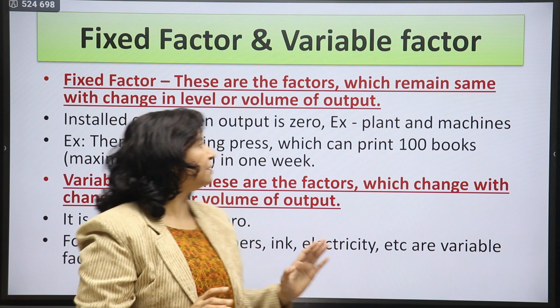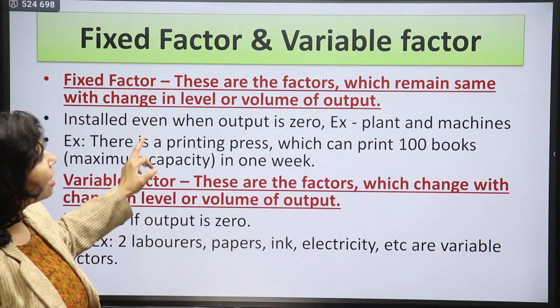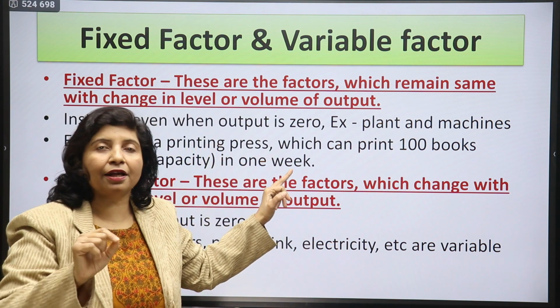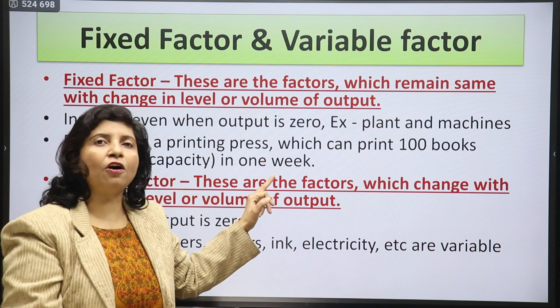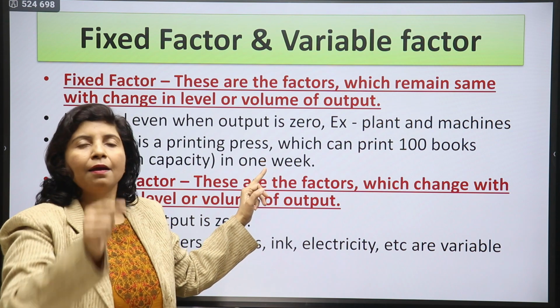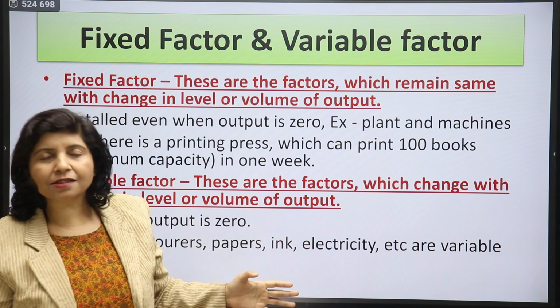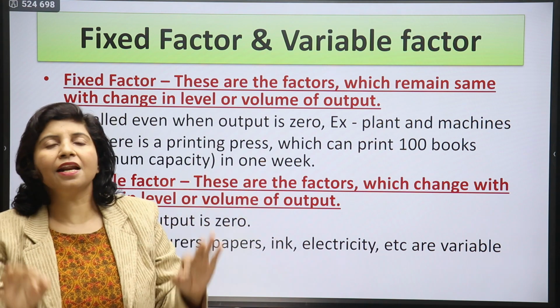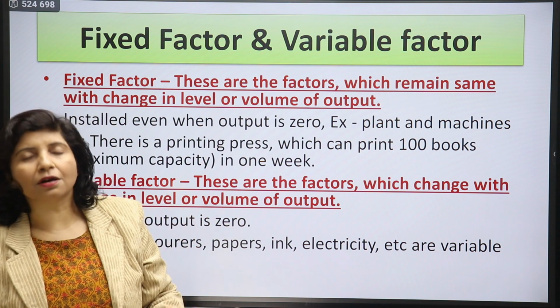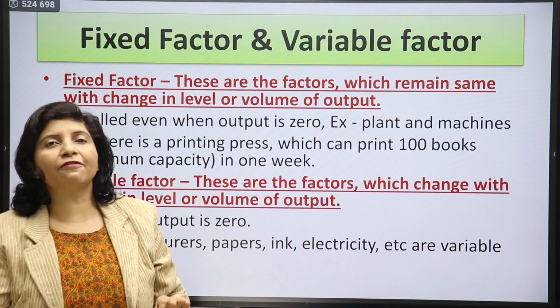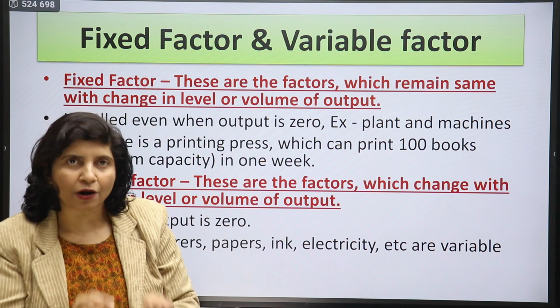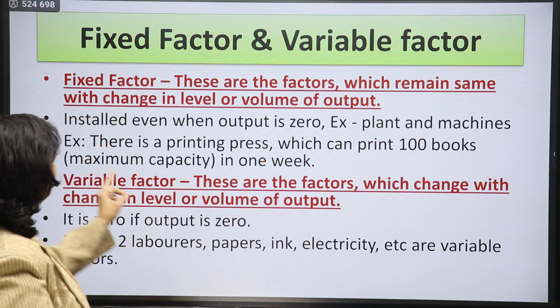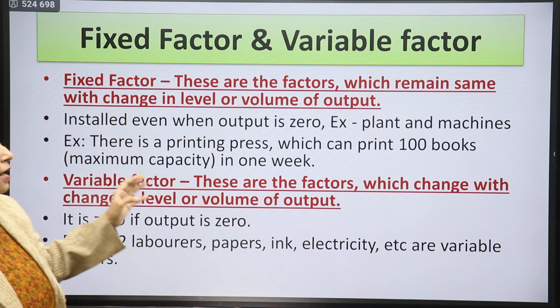So now what happens if we are not producing even a single commodity, then also, first of all, the first step would be renting one place to install our machines. So machines and plant are the primary requisite or the primary requirement of doing production. Even if we do not produce a single unit of commodity, we will have to have machines and plant. Okay.